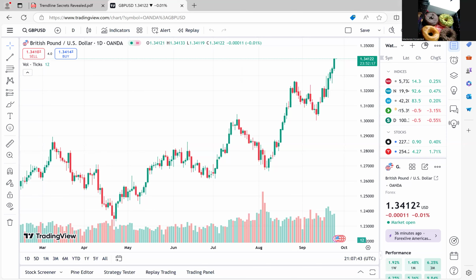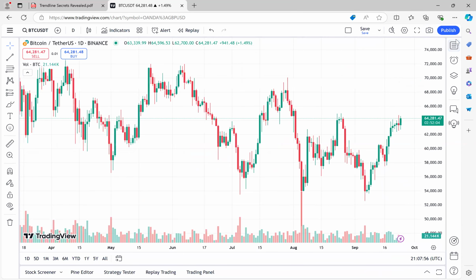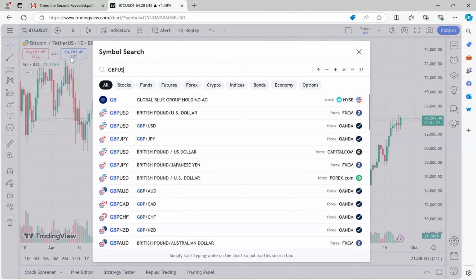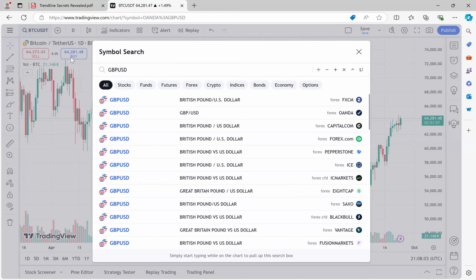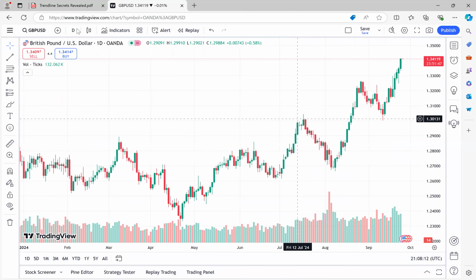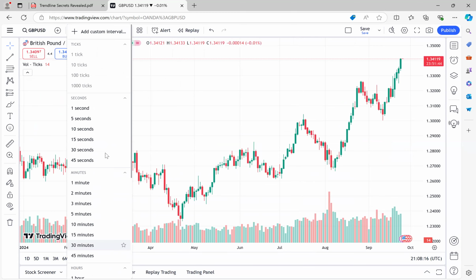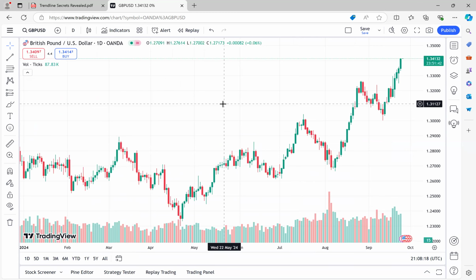It's difficult to use on the MacBook. Wow, never knew getting a MacBook would be this difficult to look through. Okay, I think I've got it. GBPUSD, that's what we're currently on right now.